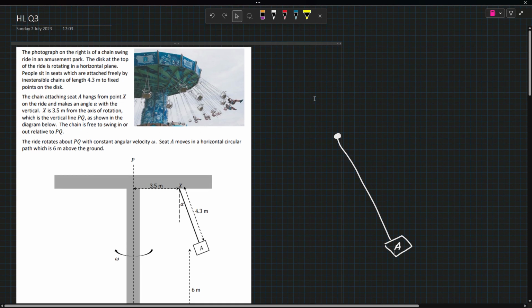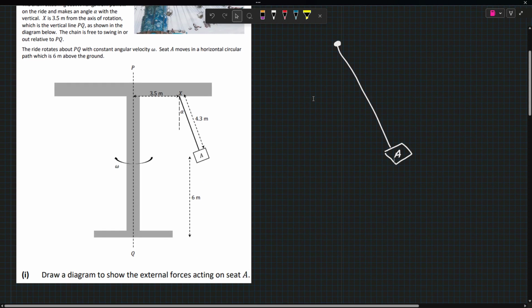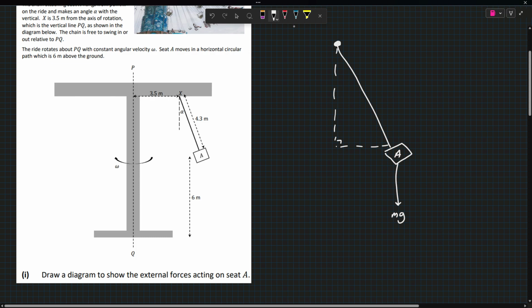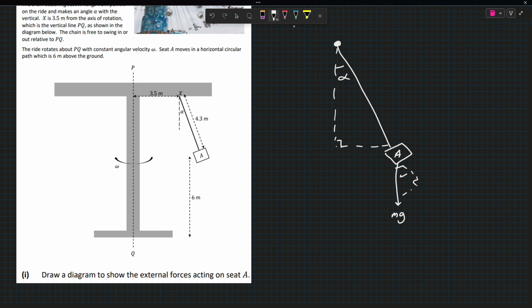Now, we're told A doesn't have a mass, so we're going to have to do it generally. So we'll have a weight directly downwards of mg. We can split this up into components if we wish. We can find out what the angle is because this is alpha to the vertical, and so these would be similar triangles. So this is alpha to the vertical.